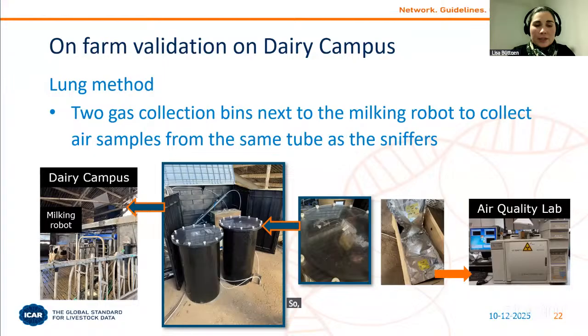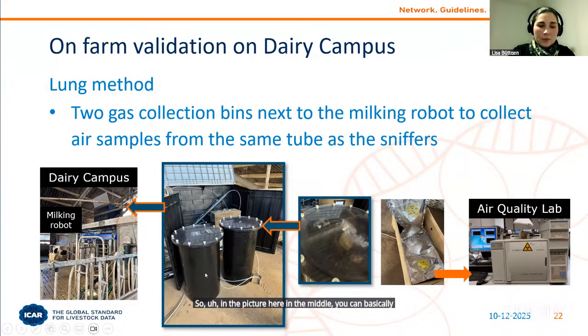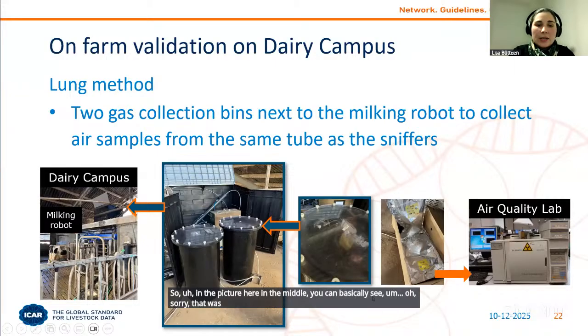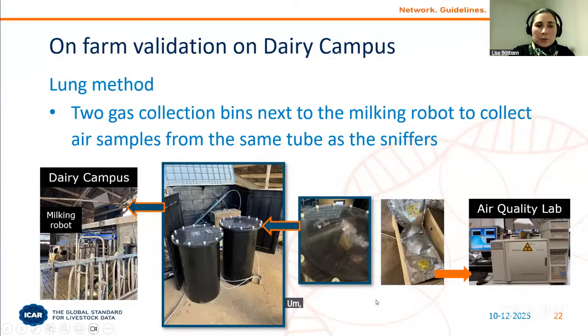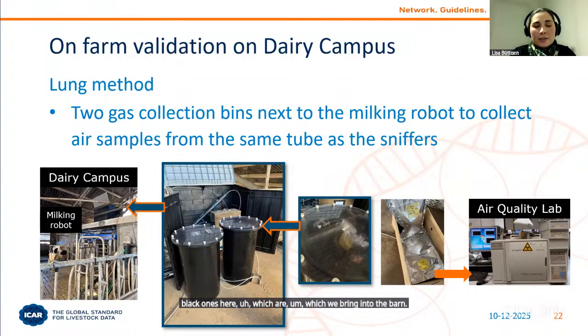So in the picture here in the middle, you can basically see 2 gas collection bins, these black ones here, which we bring into the barn and place close to the measurement tube to which all the sniffers are connected, and attach them.